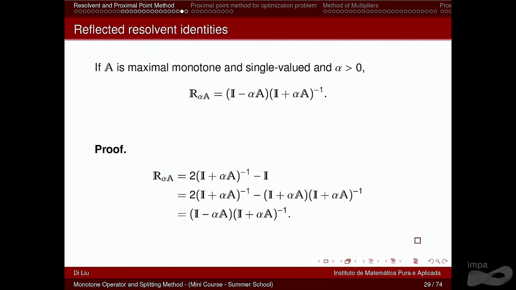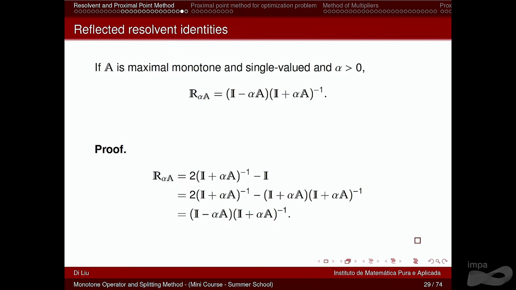And another is if A is maximal monotone and also single valued, we can have this equality. It's a kind of decomposition of the reflection operator, okay? R_A equals the identity minus 2 times the inverse of this. We need to be careful. Usually, this operator I minus alpha A or I plus A is not single valued, even if A is maximal monotone.